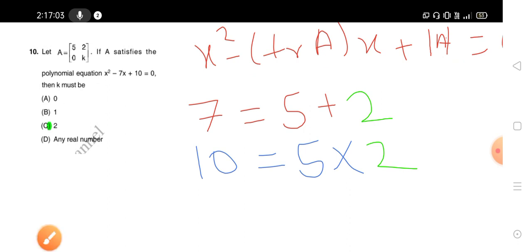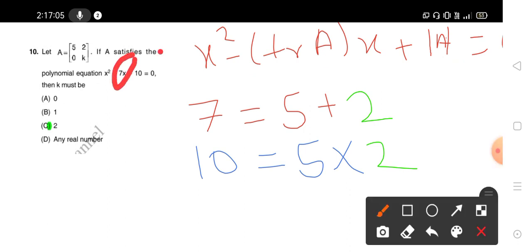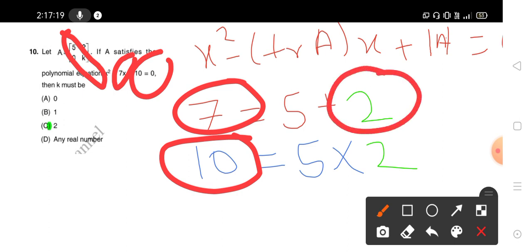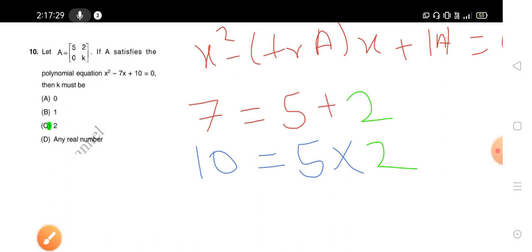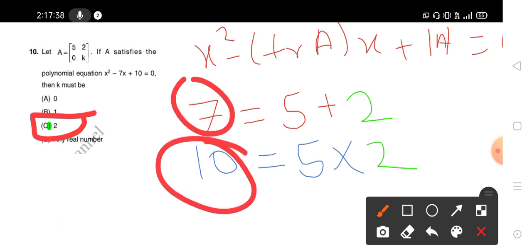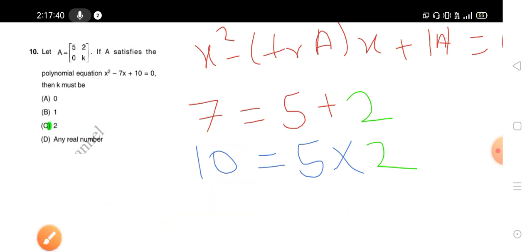Here the trace equals 7 and the determinant equals 10. The trace is the sum of eigenvalues, 5 plus k equal to 7, so k equal to 2. We get trace 7, and determinant 10. That is, 5 plus 2 equals 7 and 5 into 2 equals 10. Therefore answer C is correct.